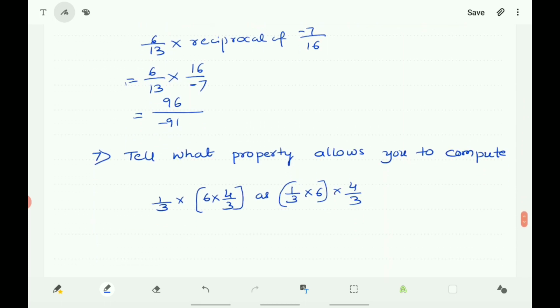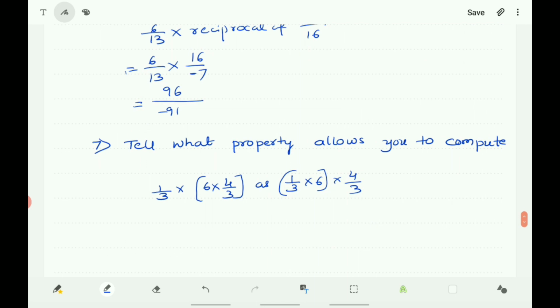Next, tell what property allows you to compute 1 by 3 into 6 into 4 by 3, as it is written: 1 by 3 into 6 into 4 by 3. Why is it written this way? Because you can cancel 3 and 6 here. For simplification, if you take 1 by 3 into 6 first, it becomes easy.